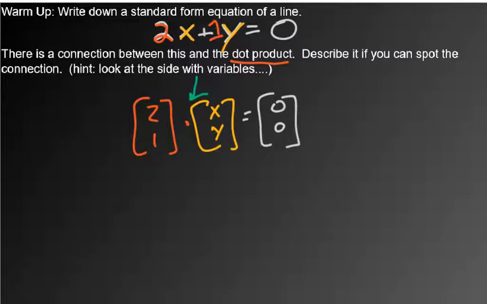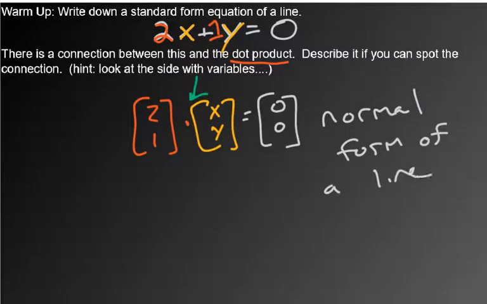And this is actually a vector form of a line. They call this the normal form of a line. And it's called normal because the two vectors are, or really you should always just think perpendicular.